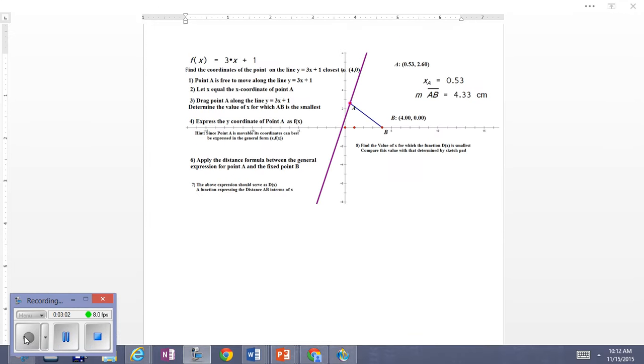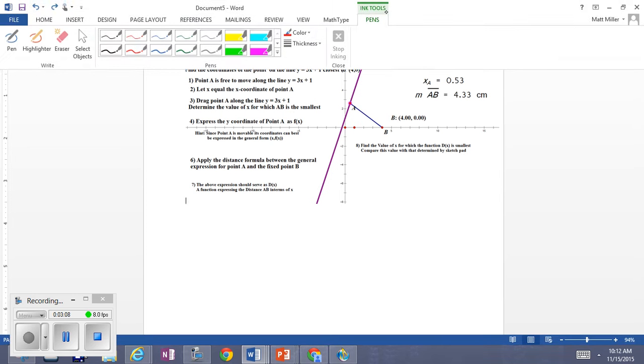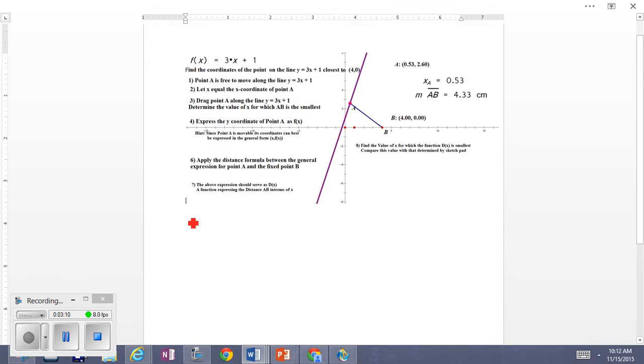Okay, we're back, and we're going to follow through with this process. Let me get my pen back here. We're going to find the distance from A to B. A was given arbitrary coordinates x, y, because it's free to move about. B has fixed coordinates 4, 0.